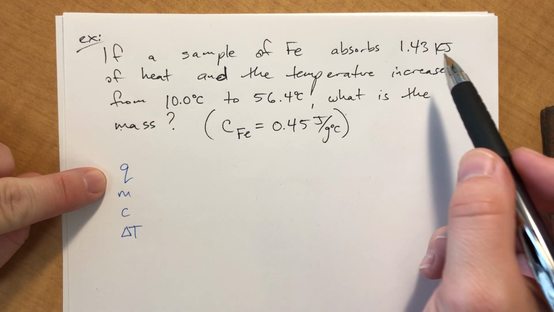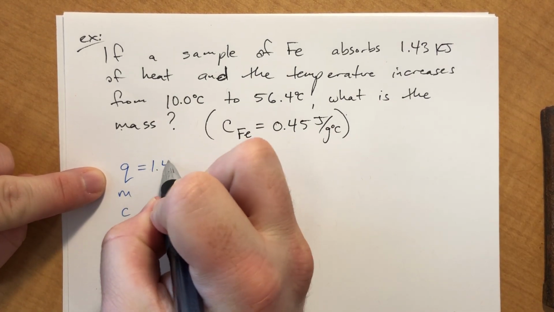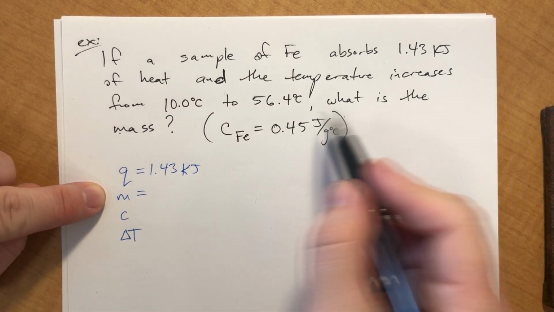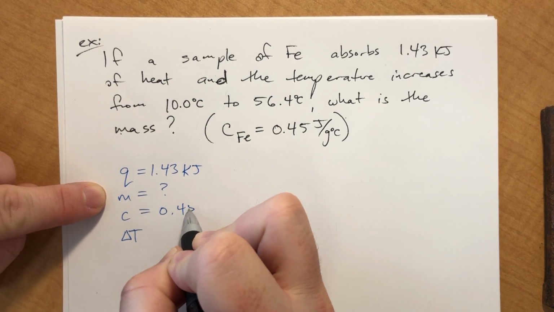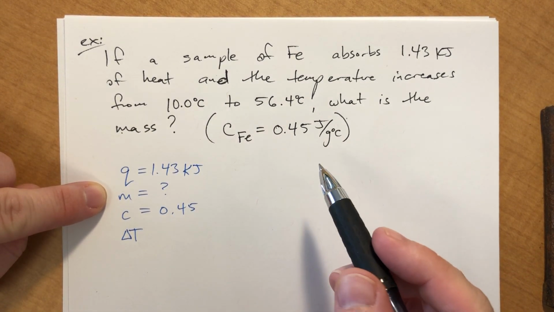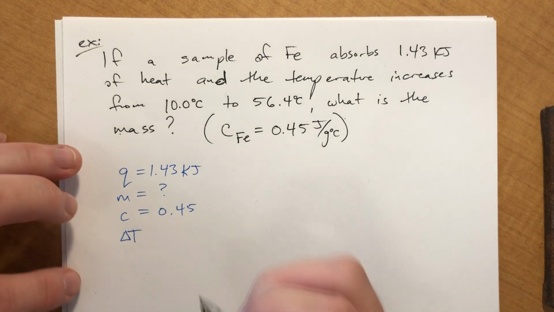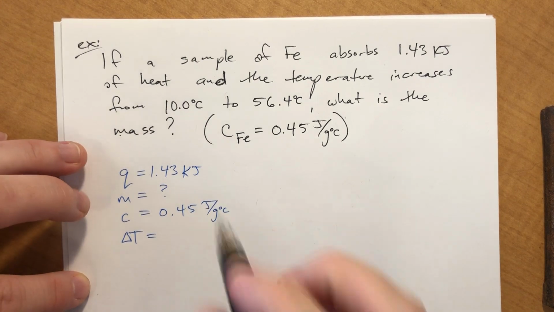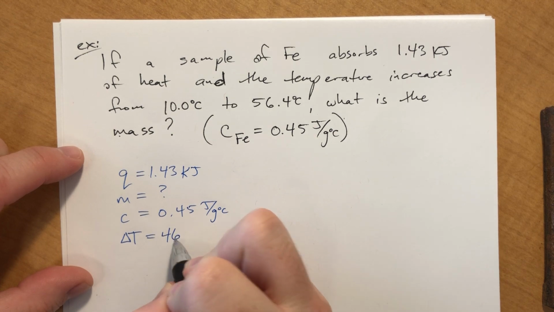Q is the amount of energy in the form of heat, so 1.43 kilojoules. M is what we're solving for, it says what is the mass. C is 0.45. You'll notice that iron has a significantly lower value than water, which is why your iron pans heat up a lot faster than water does. And delta T is the difference in temperature. So 56.4 minus 10 would be 46.4.